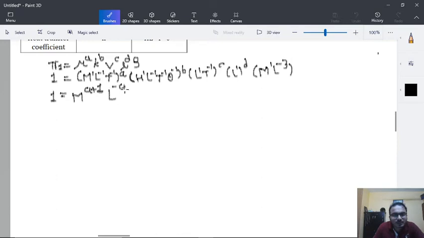So I will directly keep on writing this equation.